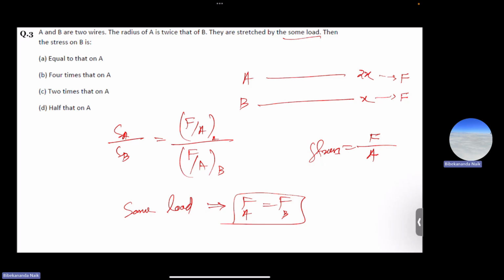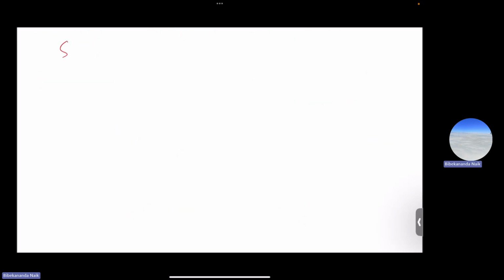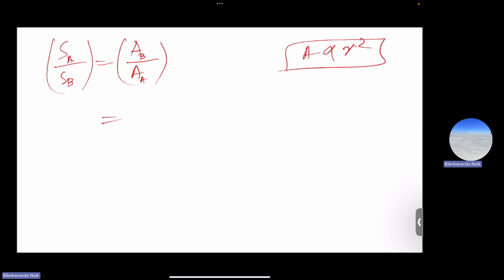So that implies SA by SB will be AB by AA. And again we know A is proportional to R square. So it will be RB by RA square.